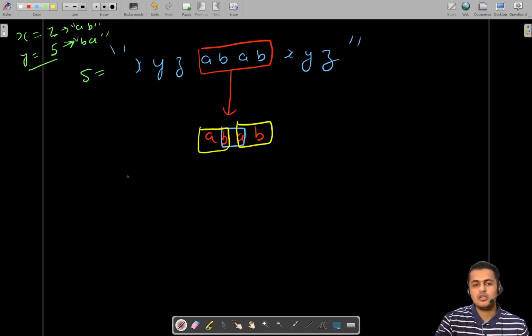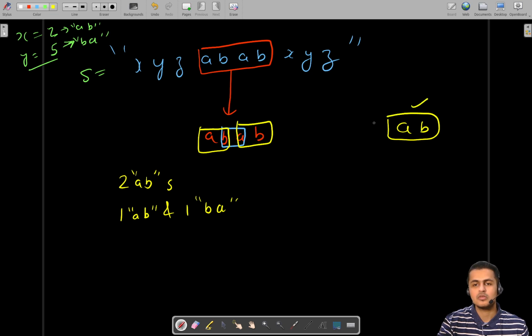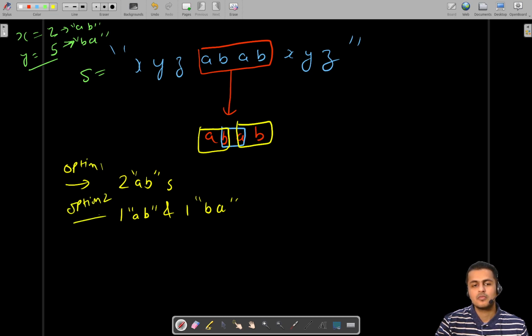Either you can remove two "ab"s, or you can remove one "ab" and one "ba". If you remove this "ba", then your string will be this, and then you can remove this one also. So these are two options, option 1 and option 2. You can do either of these two.